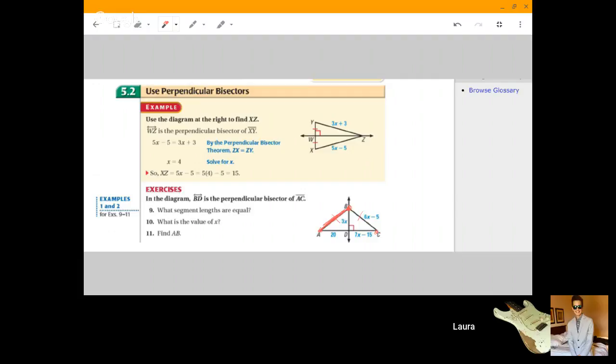So once you know X, if you found X earlier, then you use that same X and plug it in. The left side is going to be the same as the right. So just plug in what you found for X.